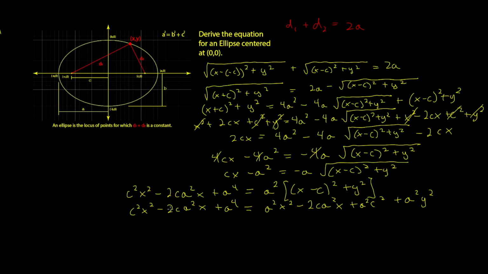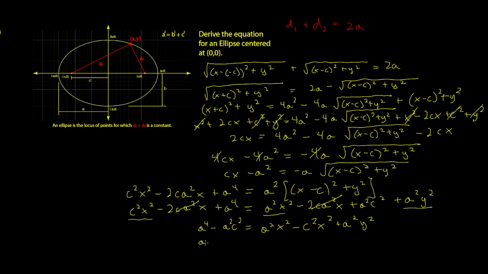Now we're going to cancel negative 2c a squared x and negative 2c a squared x. Then we're going to gather all the terms with an x or a y on one side, all the terms without on the other. So now we have a squared x squared minus c squared x squared plus a squared y squared, all these other terms on the other side. So that will be a to the fourth minus a squared c squared.